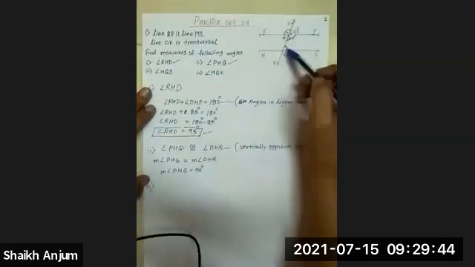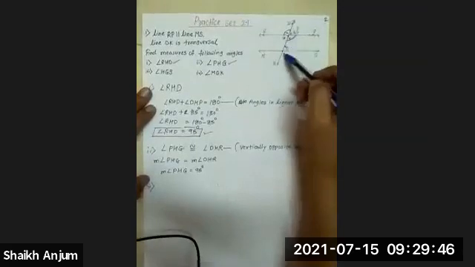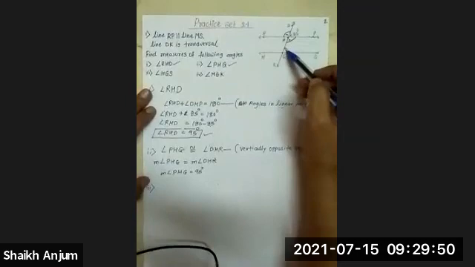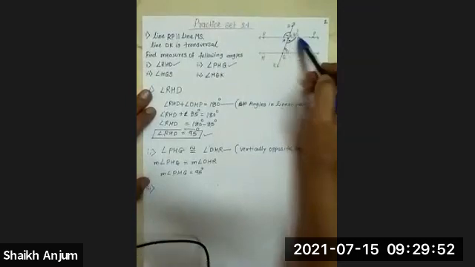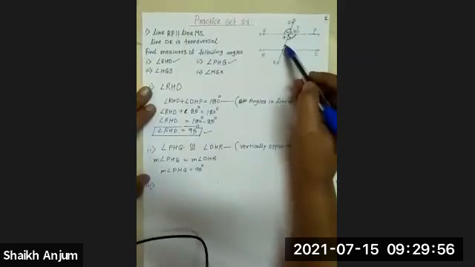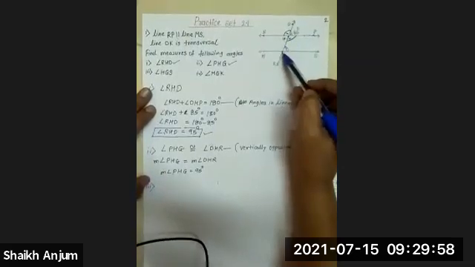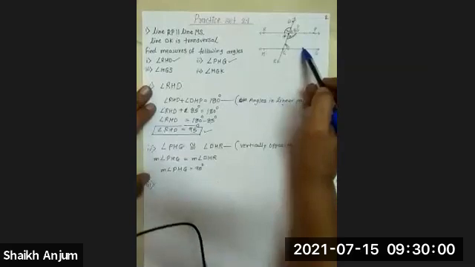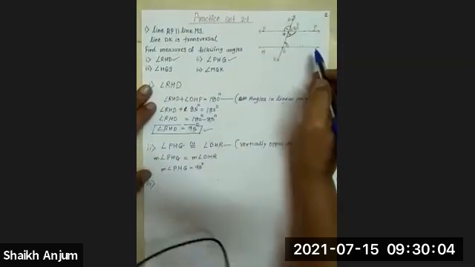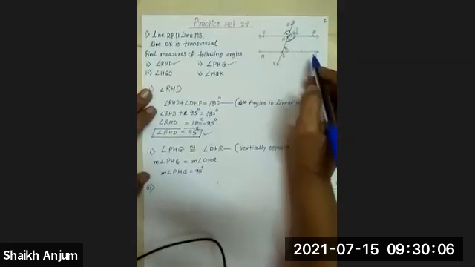Then these two are a pair of corresponding angles, angle DHP and angle HGS. And a pair of corresponding angles are congruent to each other. We already learned.